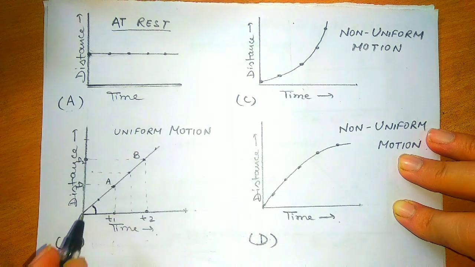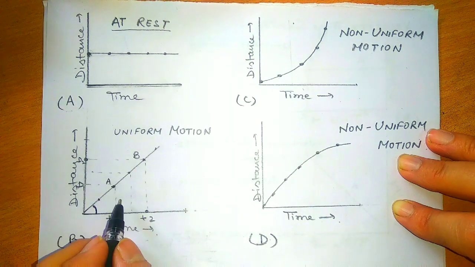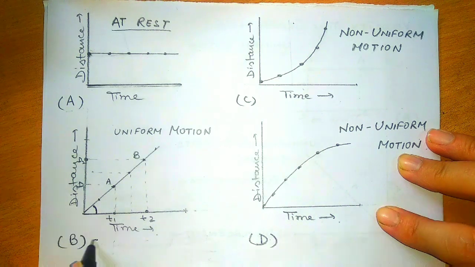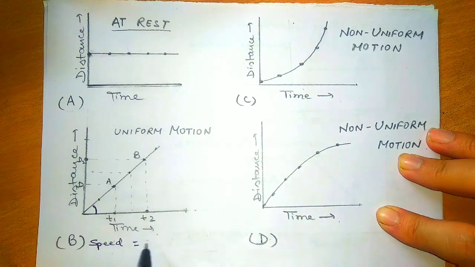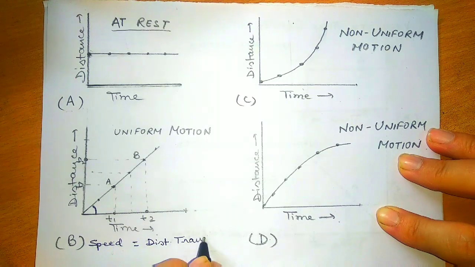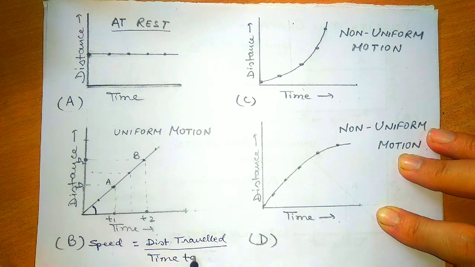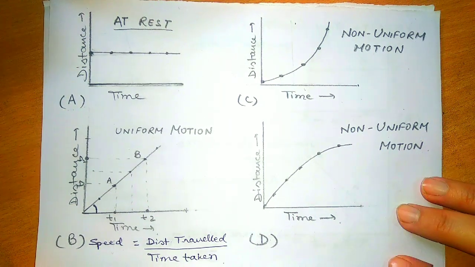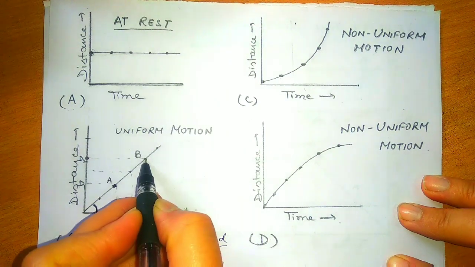If we want to find the speed of an object, I can find it as distance traveled by the object divided by time taken, what time it has taken to move from point A to point B. So this is a uniform motion, and we can find the uniform speed using this graph.